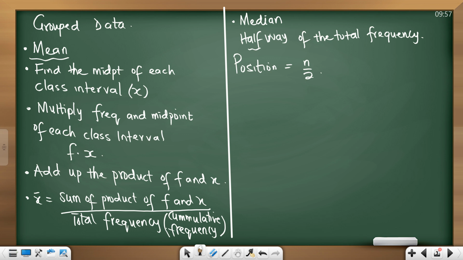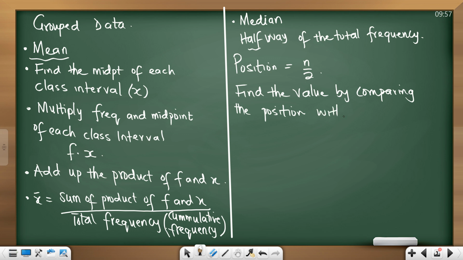I'll show you. Then find the position, or find the value rather. Find the value by comparing the position with your cumulative frequency. I'll show you how it works.